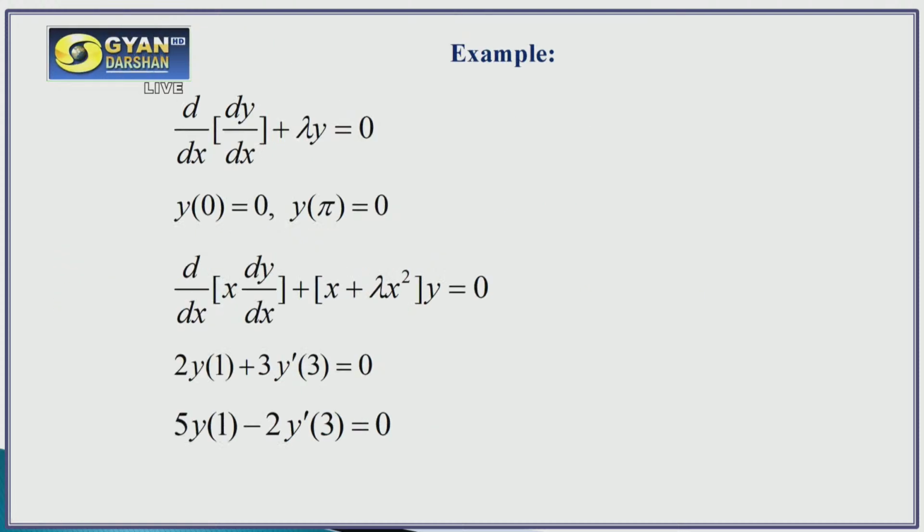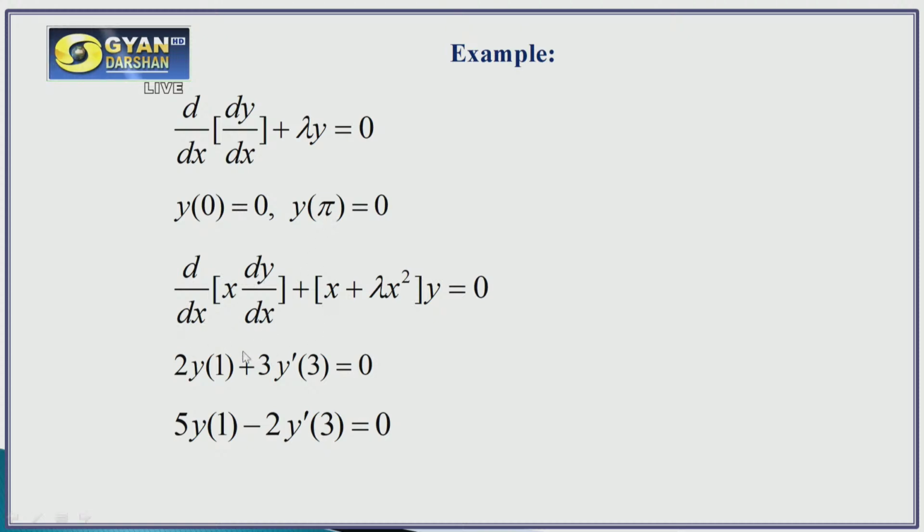Let's see some examples. This is the first example, where p(x) is 1, q(x) is 0 and r(x) is 1, and here is the lambda. This is the boundary condition, and this equation is defined for the closed interval 0 to pi.